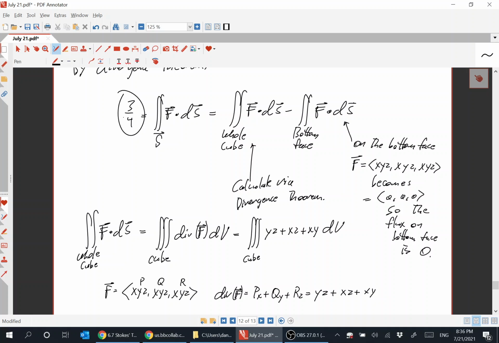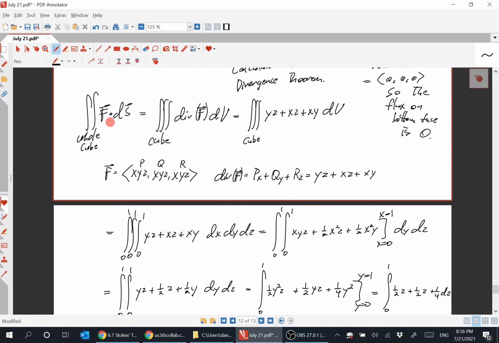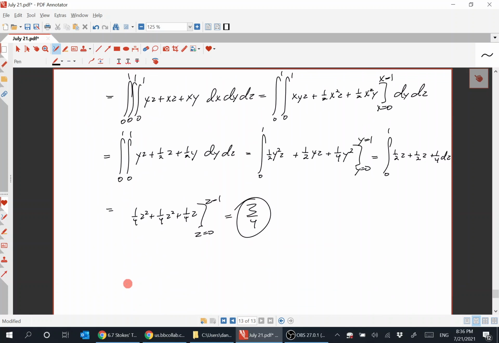Right? So the flux over the whole cube is the same as the flux over the cube with the bottom popped out, all oriented outwards. So divergence theorem, great. It made that a much easier calculation, because of course you have to have a closed surface for the divergence theorem.